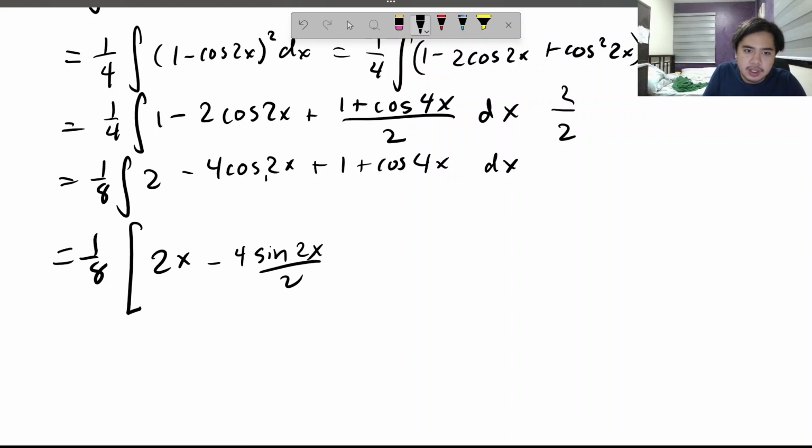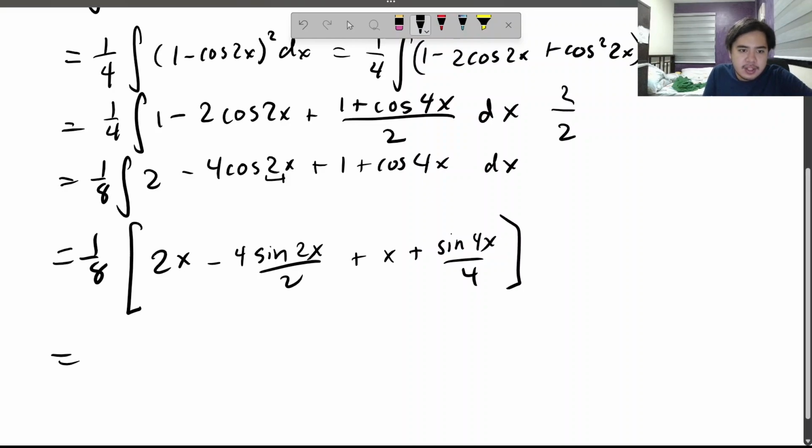You have to divide by that. Plus 1 is just going to be x, and then plus, oh, not cosine, sine 4x over 4. Again, because there's 4 in here, we have to divide by 4.